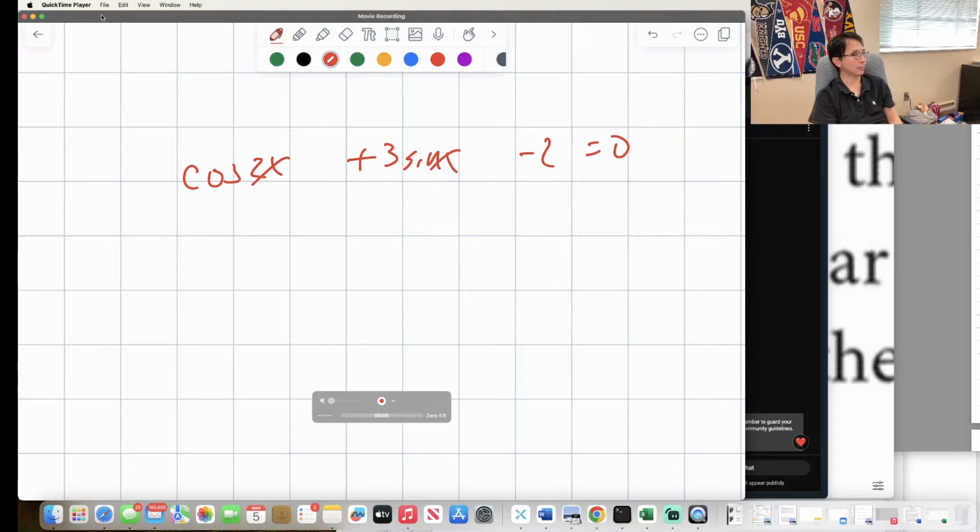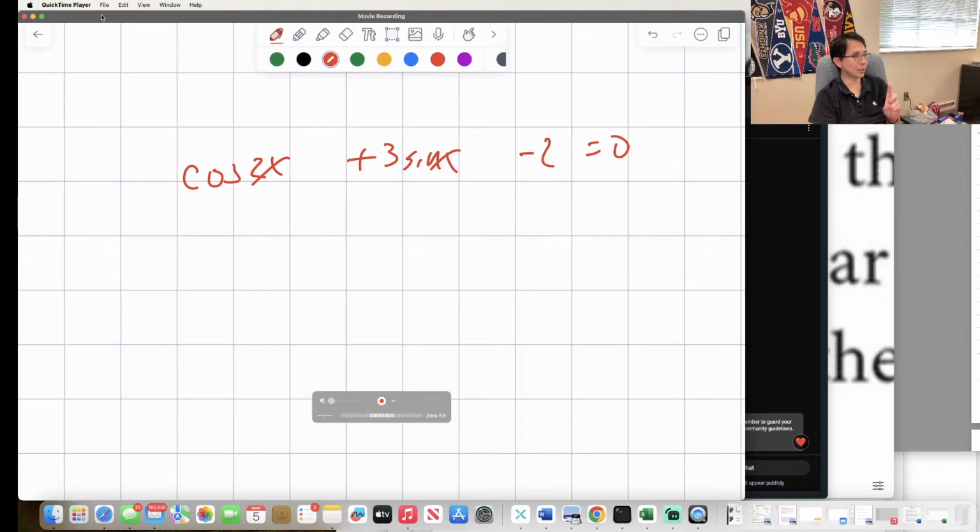What is the problem here? Anybody else can tell me what is the problem in this case? Cosine of 2x plus 3 sine of x minus 2 equal to 0. Ian? You want to make sure it's all cosine or all sine. Yeah, you're right. Is there anything we can do to resolve this issue? Look it up: cosine of 2x is equal to what?